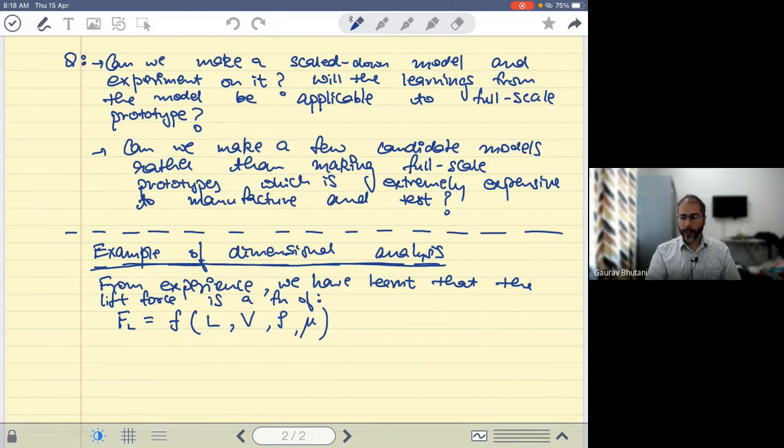Right. So if we were to do some sort of an actual experiment on the full scale wing, or if we had to understand the behavior of a given shape of a wing, we had to do lots of experiments on different values for L, V, rho, and mu.